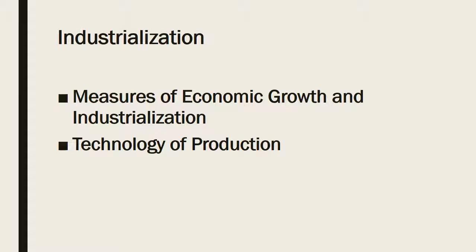So how do we measure economic growth and industrialization? The most widely used economic indicator of a country's standard of living is the GNP, the gross national product. And what is GNP? Gross national product is the sum of all personal and governmental expenditures on goods and services within a country, including the value of net exports.